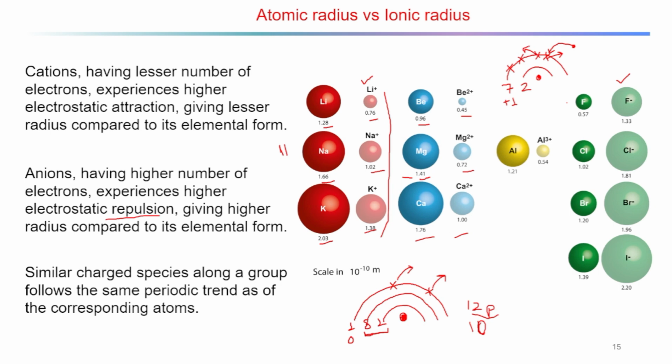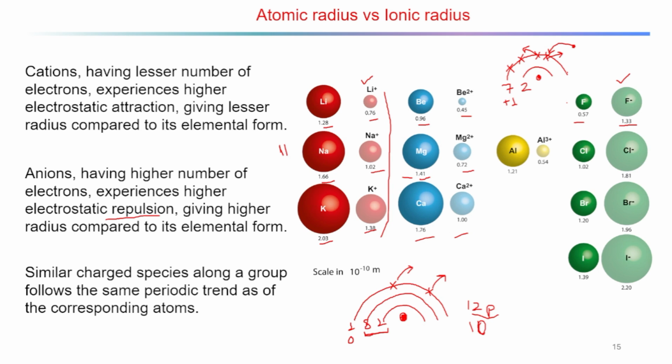So because of this, the size of fluorine is smaller, but the size of the fluoride ion is actually much bigger, because these electrons are trying to go away from each other. As we are putting an extra electron, the electron-electron repulsion is increasing.